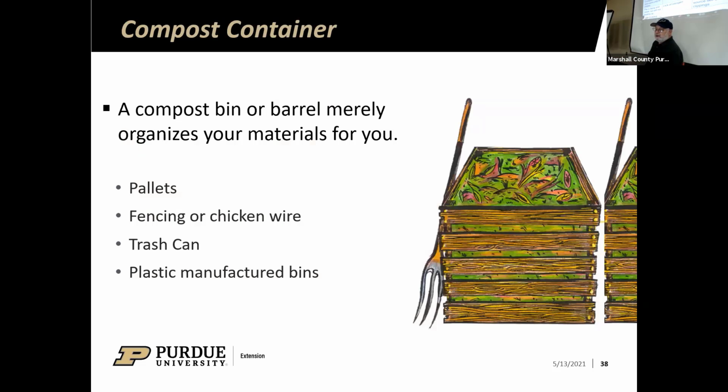So compost bins and barrels can come in many forms. I have to laugh. My son did research. He's an engineer, and he was getting PVC pipe with holes in it to put into the center of his compost pile to aerate the center. He was doing all these math equations. And I said, Ben, you live in southern Indiana.